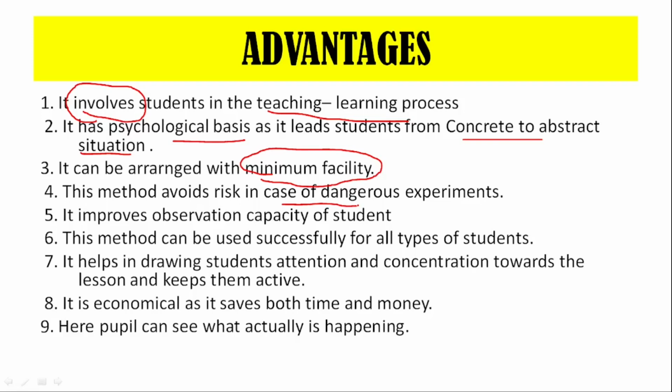He will give cautions, or say how to perform the experiment early on. Like that we can avoid any danger which may be caused in the experiments. Okay, it improves the observation capacity of the student. Students are compelled to observe very carefully while watching the experiment or demonstration.